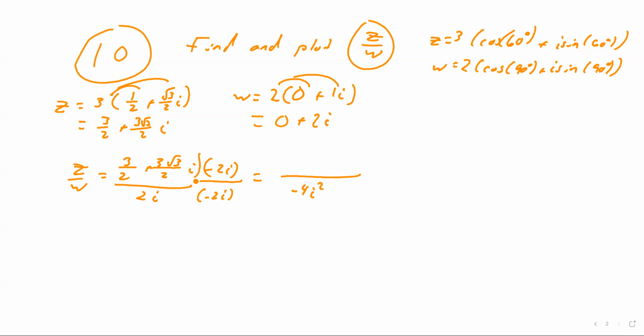On this side over here, I would just have to distribute. So what's negative 2i times 3/2? Good. Again, we just multiplied the numerators. So it's going to be negative 6i over 2. And then negative 2i times 3 square roots of 3 over 2.